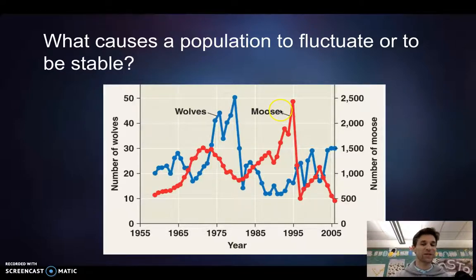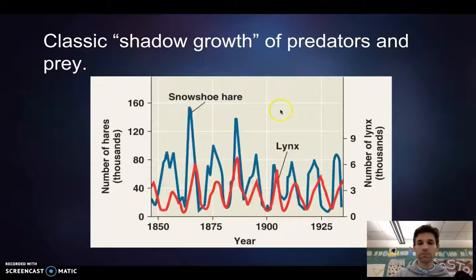We call that the shadow effect, because the predator graph has a shadow when shown in relation to the prey graph. Here's another example of that, the snowshoe hare population and the lynx population. You can see the lynx predator population growing in the year or years after the spikes in the snowshoe hare population, not right along with them.